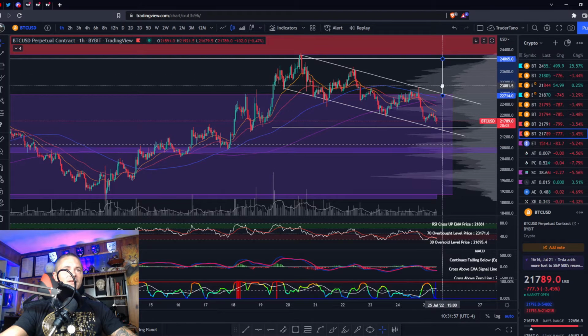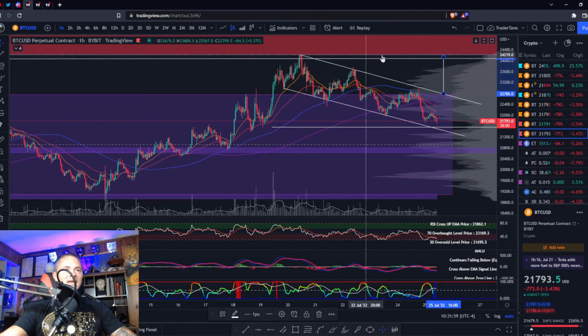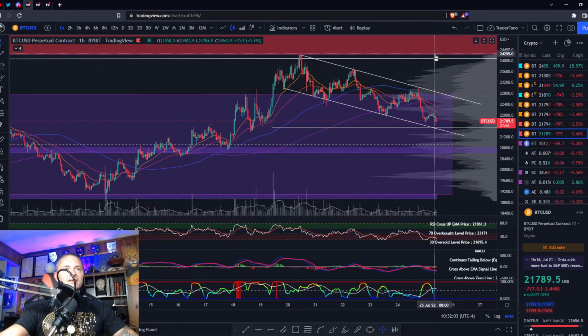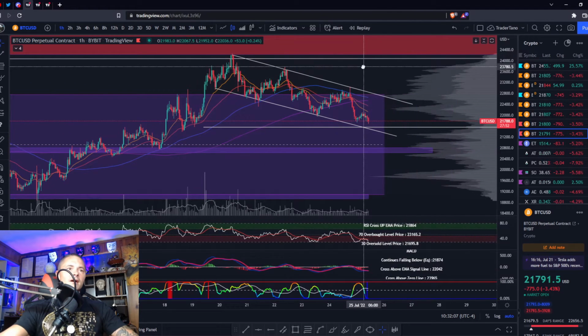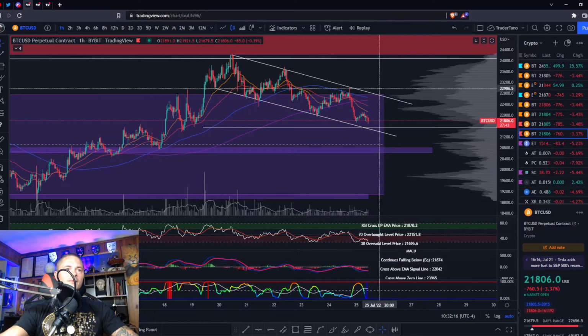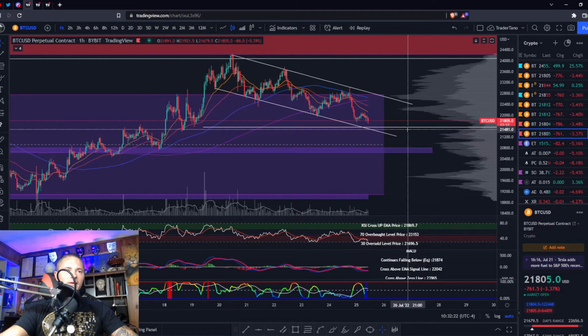Measured move to the upside would lead us back up to the last high and back up to the red zone, which is the 24,250 level. So we need to break out. If we can break out of this 22,800, which also corresponds with something else we've looked at, I do think we would get up to the 24 to 24,500 level.